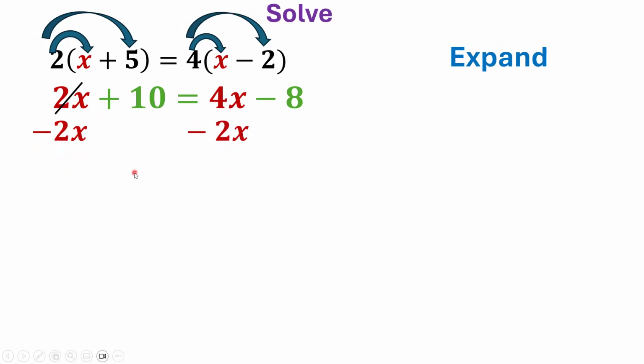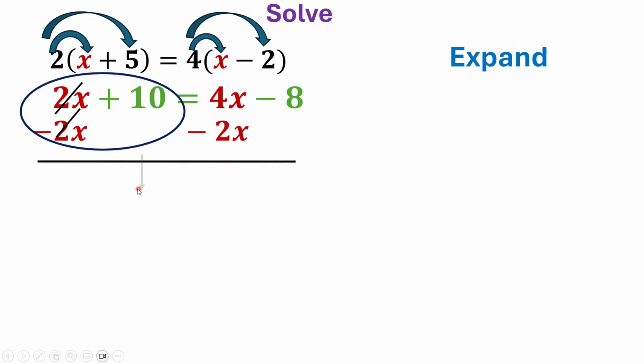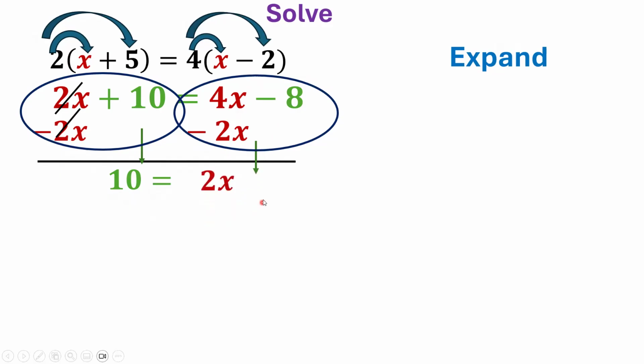Because 2x minus 2x will be 0, so on the left-hand side you will have only 10 remaining, and on the right-hand side I have 4x minus 2x equals 2x, and then minus 8, you bring it down because there's no other number.